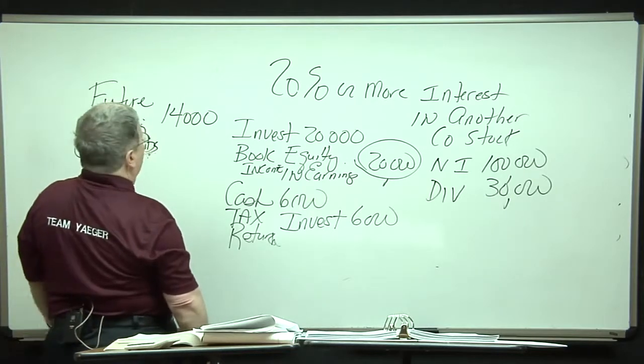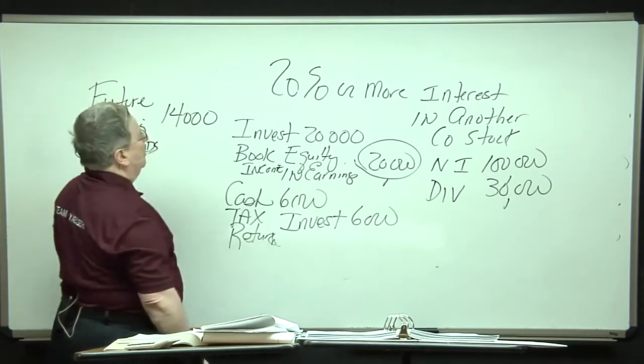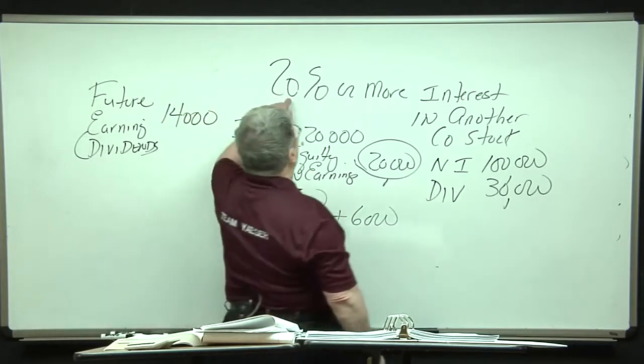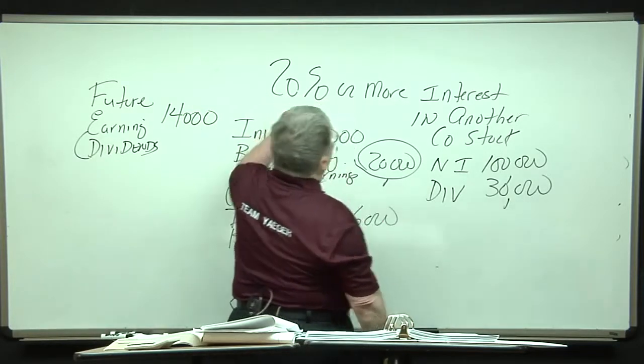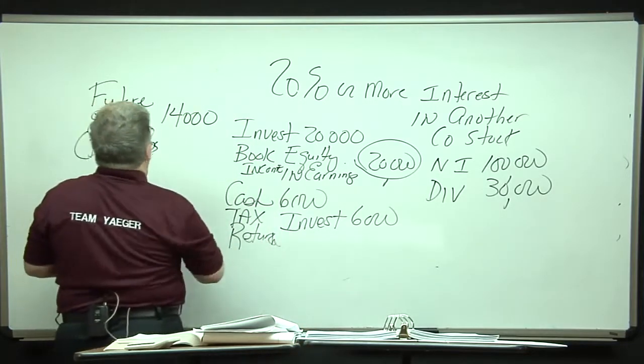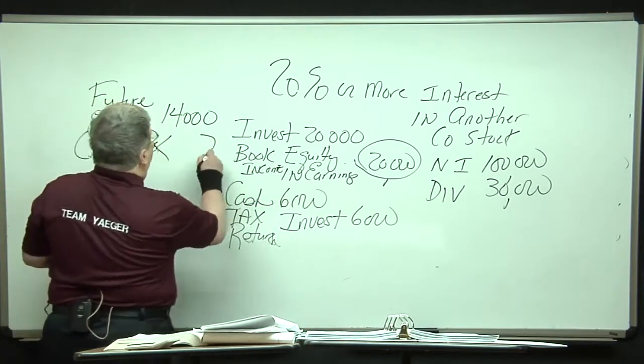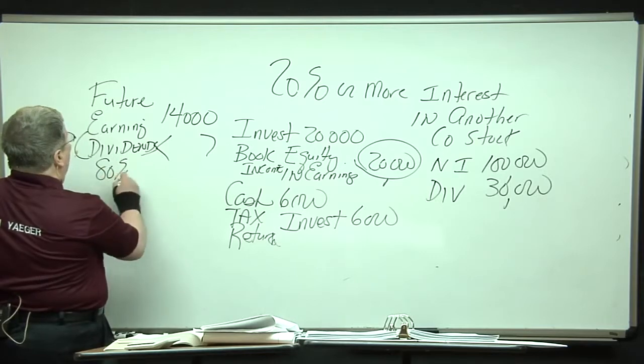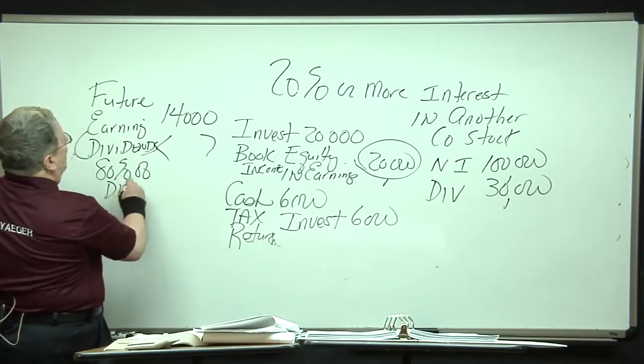And dividends get a dividend received deduction. So, the rule is, if I own 20%, the dividend received deduction is 80% of the dividends. So, I can exclude 80% of the dividends. They'll tell you in the question.